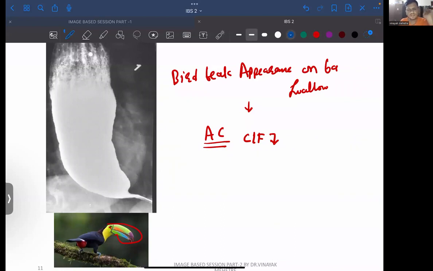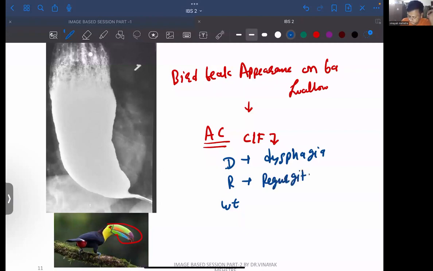First one is dysphagia, then comes regurgitation, and the last one is weight loss.